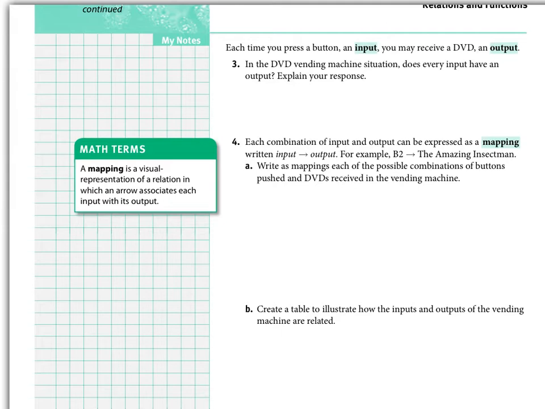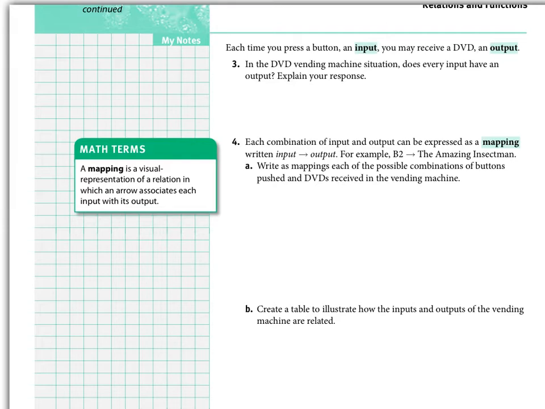If you look back at the page, if you look at the DVD machine, you'll notice that one of the DVDs is actually sold out. So if you chose, I think it's B1, if you chose B1, there would not be any output. Nothing would come out because the machine sold out.